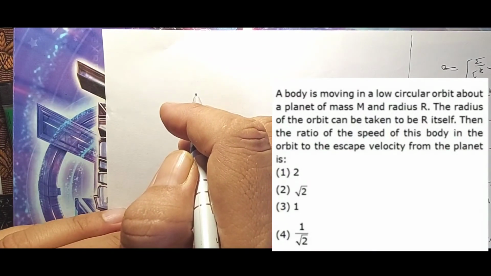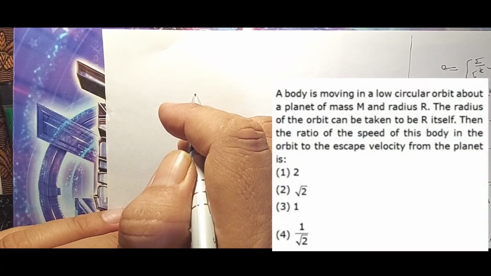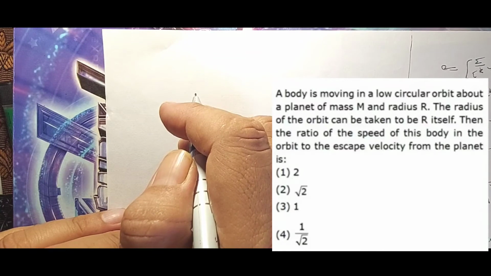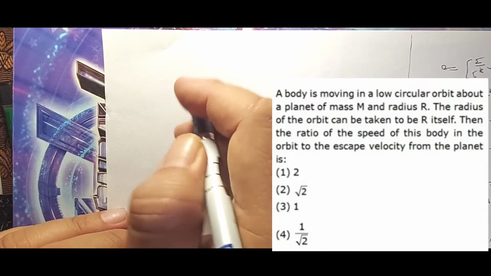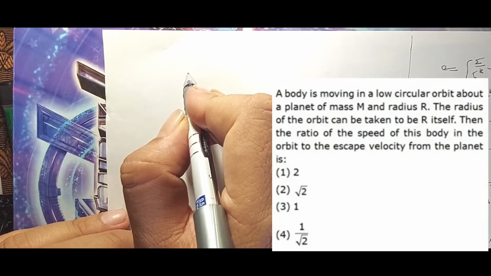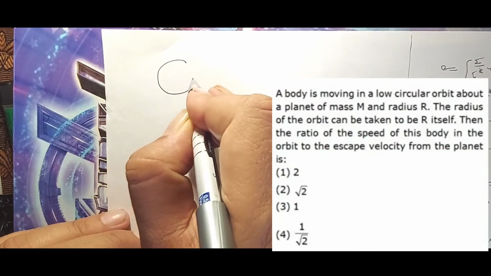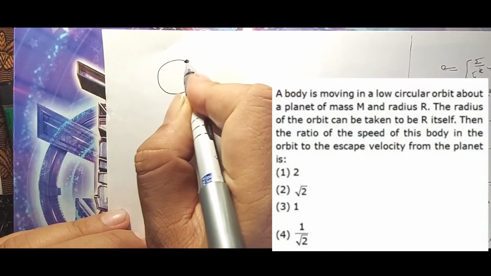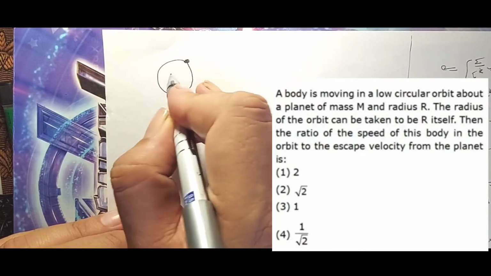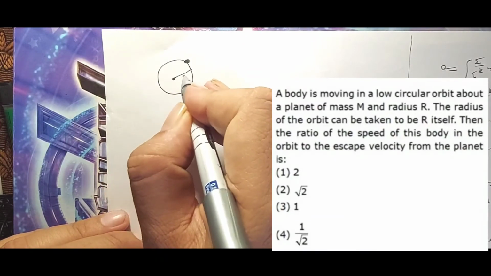Then the ratio of the speed of the body in the orbit to the escape velocity from the planet is. So here this is a body. This body is moving around a planet of radius R.